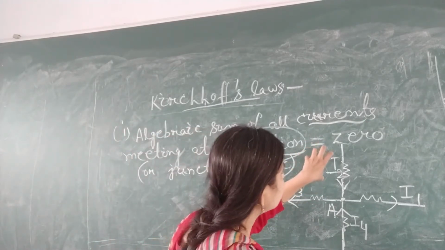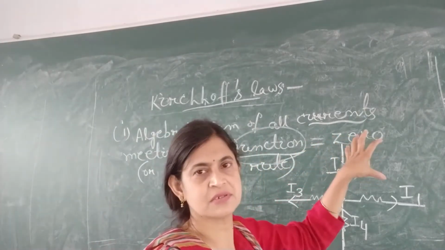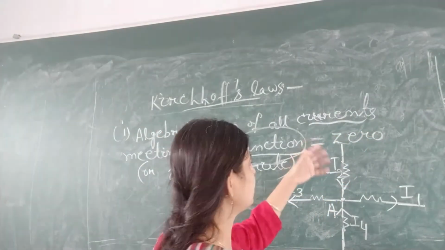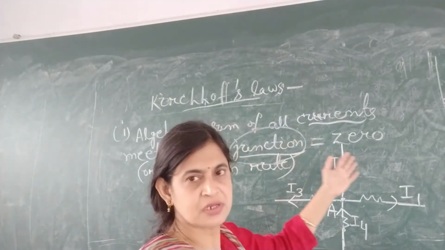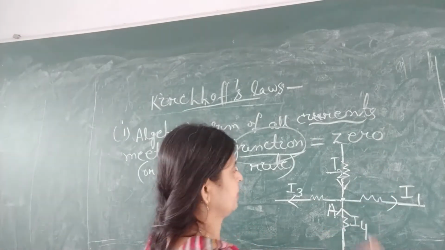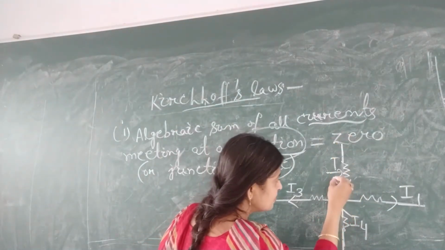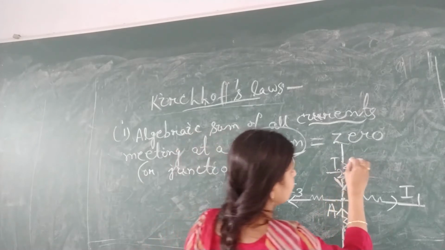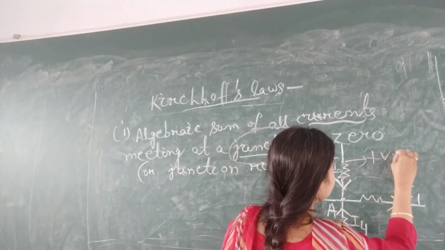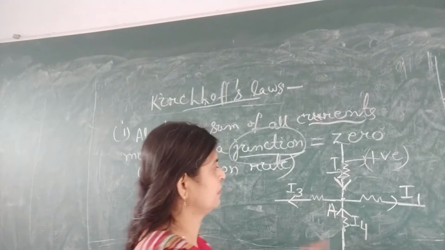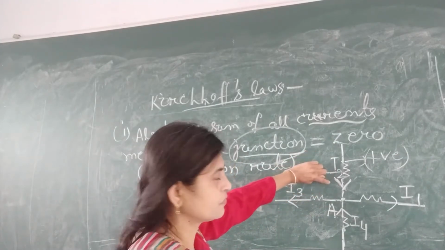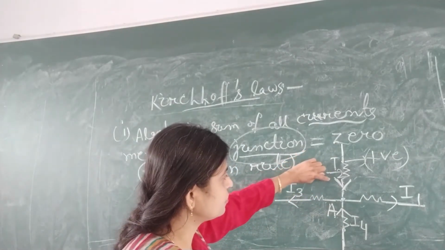So the most important thing is the sign convention, meaning when we will consider the current to be positive or negative. Remember, the currents coming towards the junction will be marked as positive. Like I2. What is the direction of your I2?